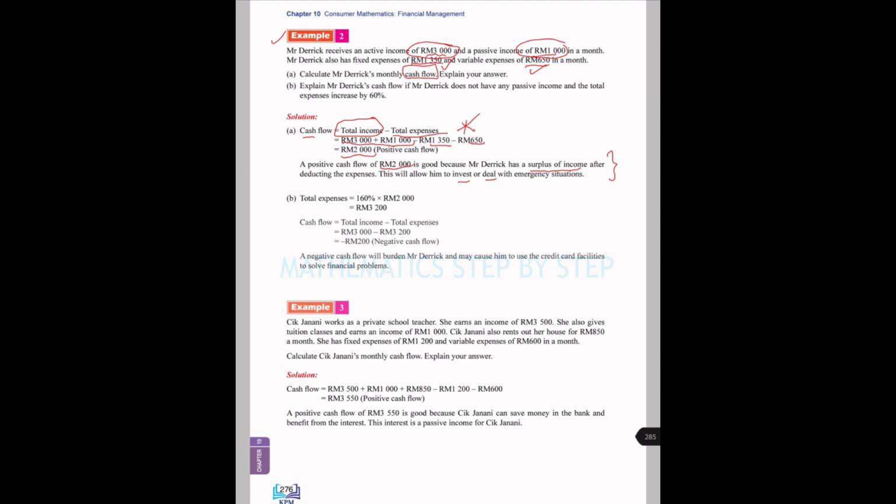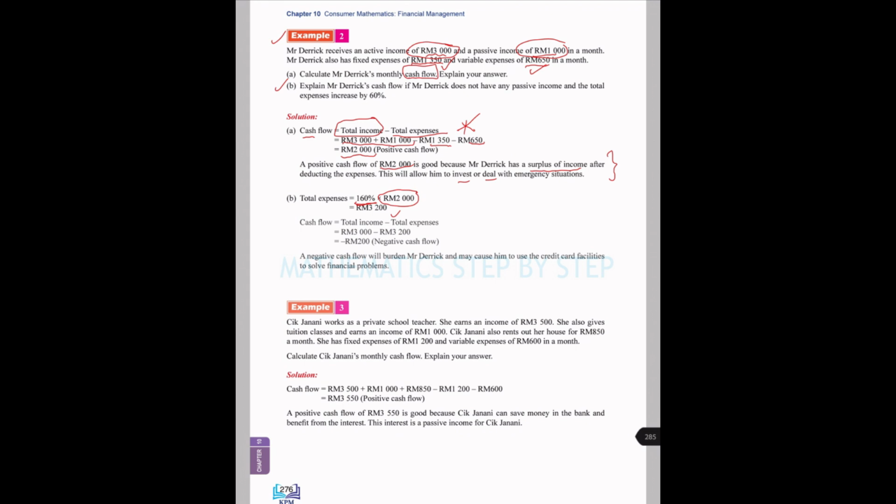So part B, explain Mr. Derek's cash flow if Mr. Derek does not have any passive income and the total expenses increase by 60%. So now the total expenses will increase from 2,000 by another 60%. So 160% of 2,000 is 3,200.